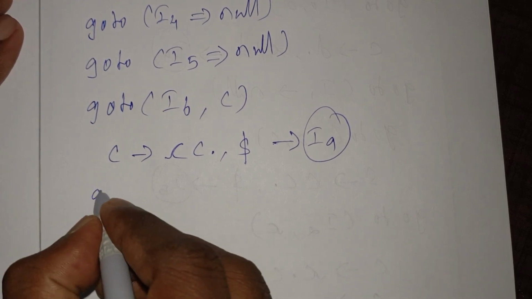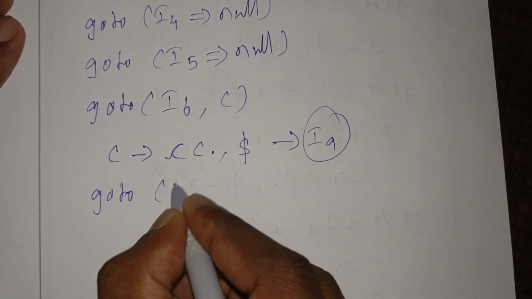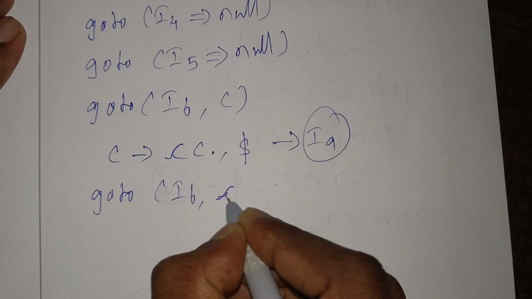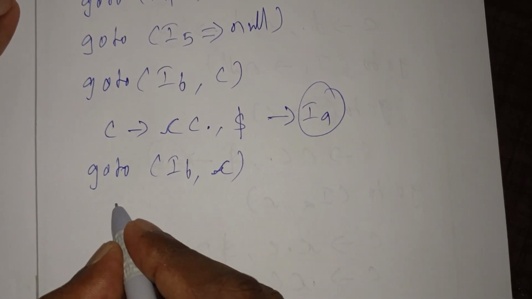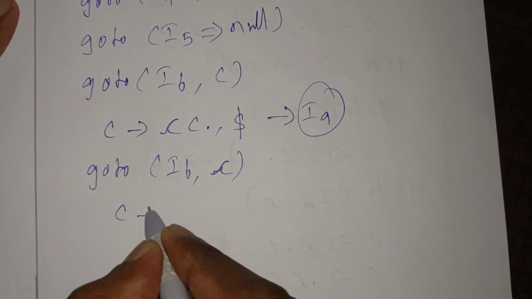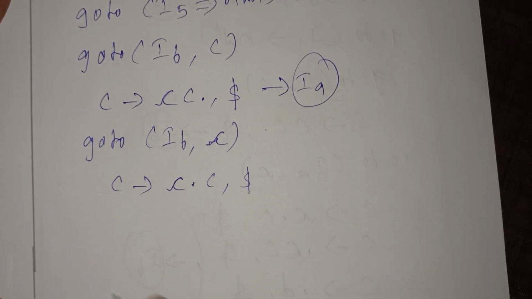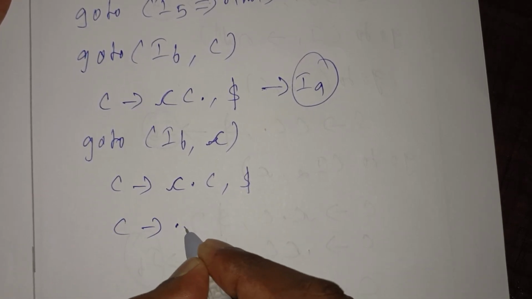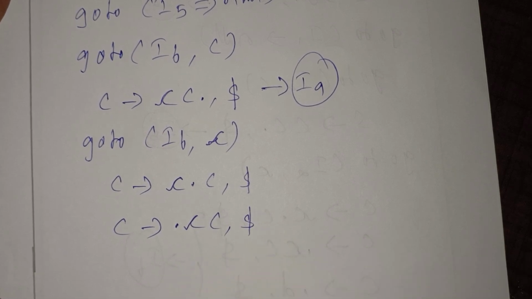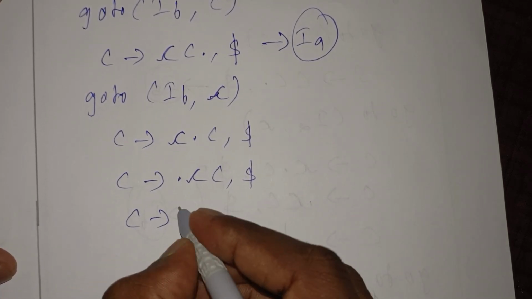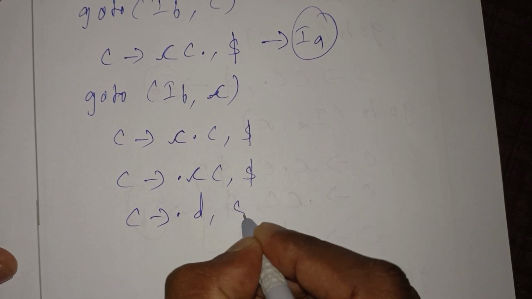Again I am going to Goto(I6, c). I think if you go here, it is going to be repeated in the same way: C tends to c dot C, comma, dollar; C tends to c C, comma, dollar; and C tends to d, comma, dollar.